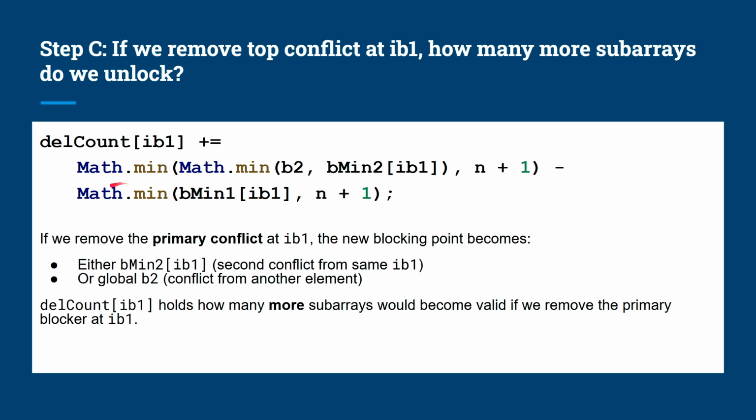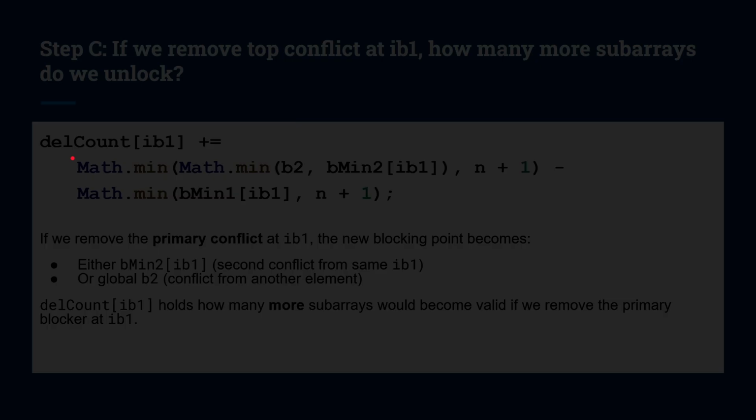So we will remove the primary conflict at ib1, and the next blocking pointer becomes either the min at this one, or the global b2 from the other elements, and then we'll use the delete at this. It will hold how many more subarrays would become valid. If we remove the valid one, we'll keep updating the delete count.